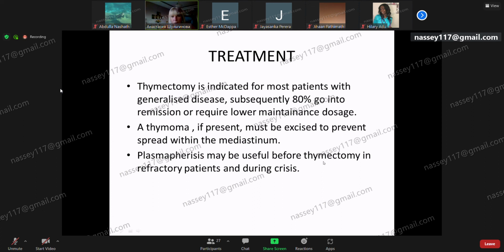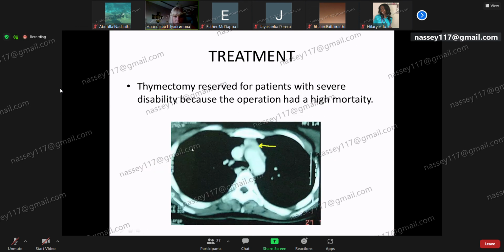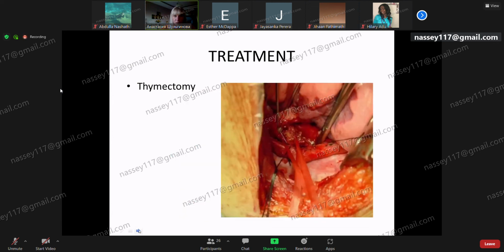Plasmapheresis may be used before thymectomy in refractory patients and during crisis, though we don't always use plasmapheresis. Thymectomy is reserved for patients with severe disability because the operation has a high risk. What high risk? Age of the patient, location of the tumor, and additional disorders of the patient like arterial hypertension, diabetes mellitus, or something else.